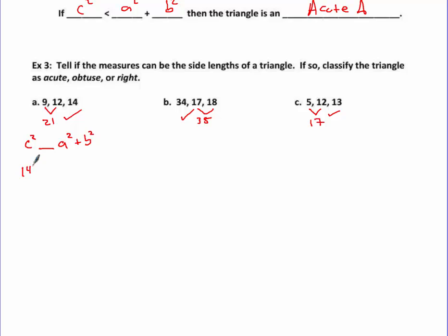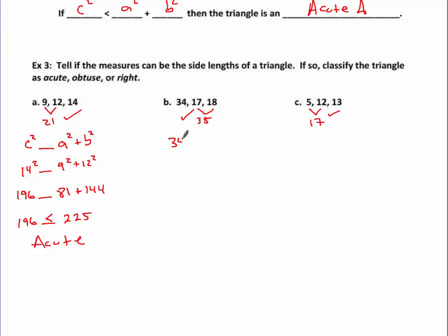So longest side, 14 squared. We have 9 squared plus 12 squared. 14 squared, you've memorized, is 196. 9 squared is 81 plus 144. So 196, 225. 196 is less than, so C squared was less than, which means this is an acute triangle.